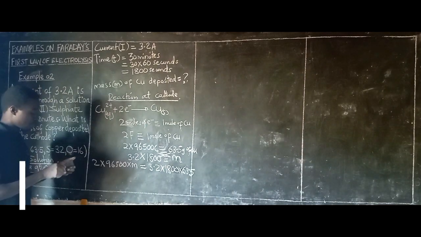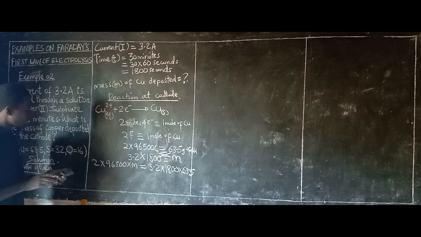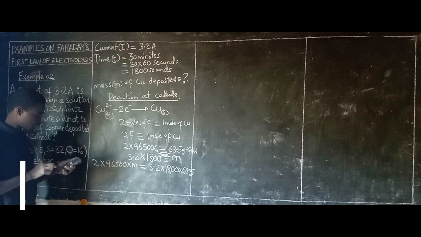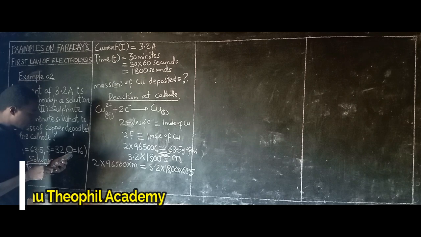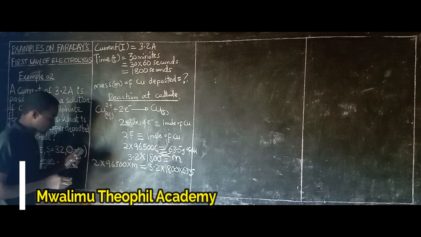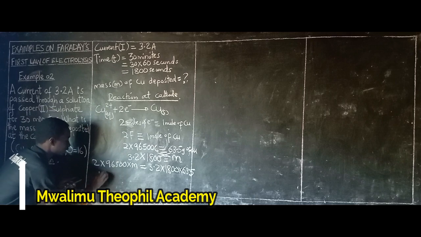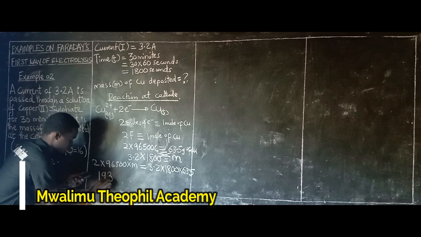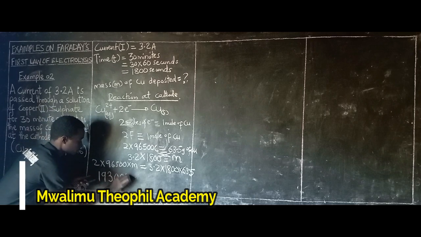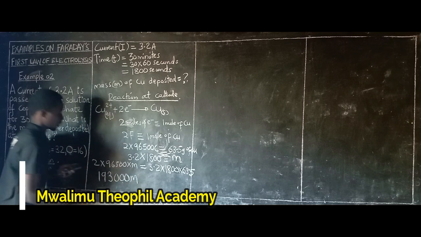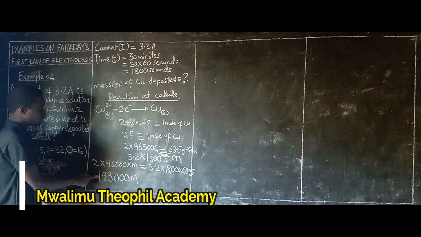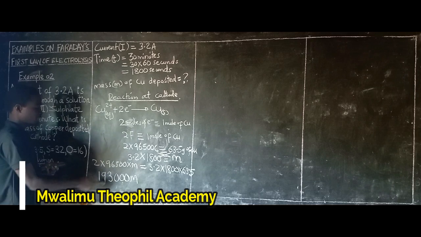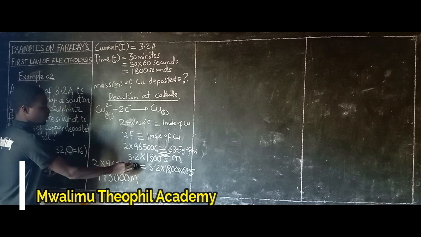On the left hand side you have 2 times 96,500. When you multiply it, you get 193,000. This is m. As you have seen, we've got 193,000 m, and m is not known.